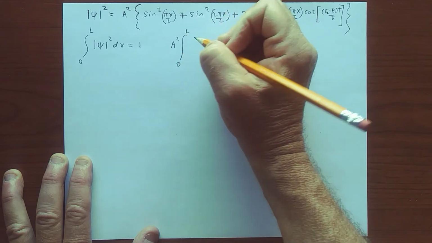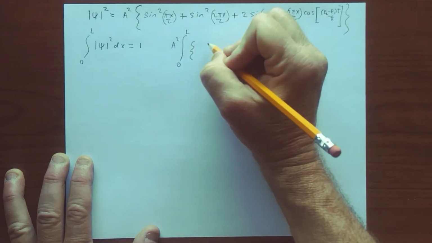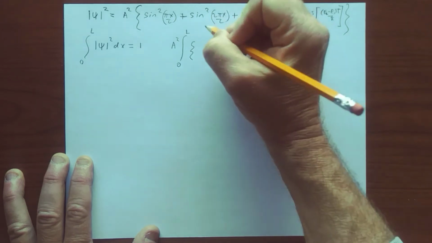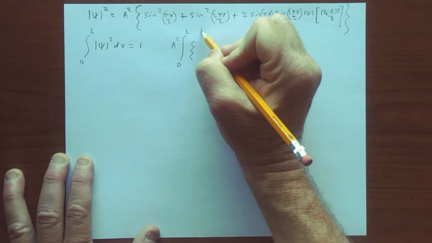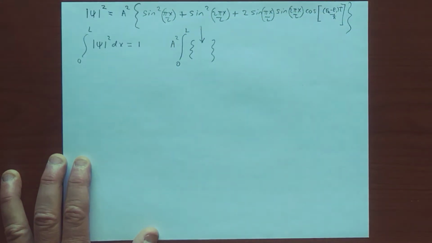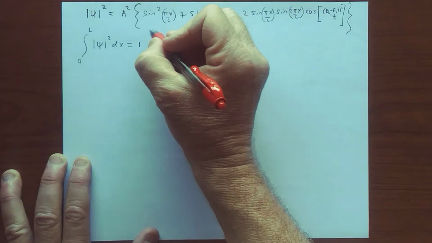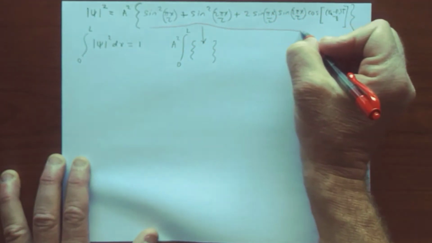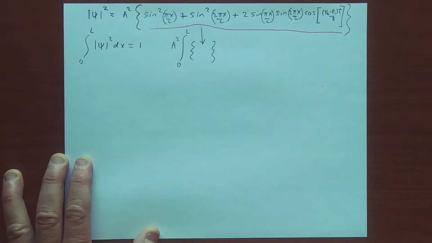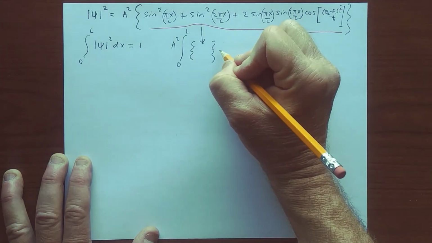A squared is just a constant. Let's integrate the quantity that we have there in these parentheses. So this whole thing here goes in here. I'm not going to write it again, right? So it's this whole thing in red, in those squiggly parentheses that goes in there, and we integrate that in dx.